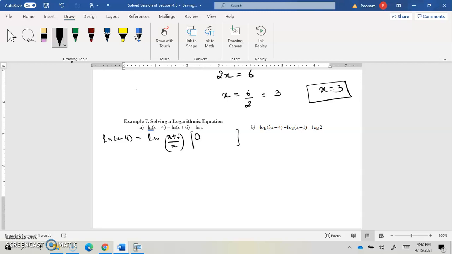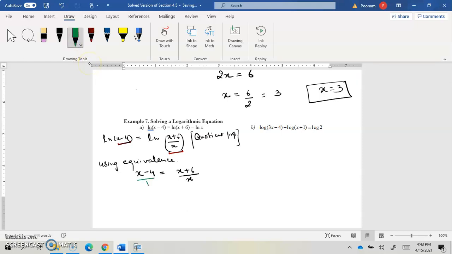I used the quotient property. Now both sides of the equation have one log term, and they both are natural log. That means their arguments should be the same. So using equivalence, x minus 4 should be equal to x plus 6 divided by x.